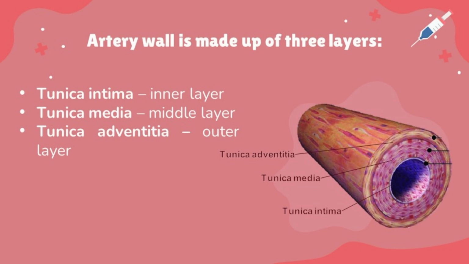So when we say tunica intima, it is the inner layer consisting of an endothelial lining which provides a frictionless pathway for the movement of blood, while the tunica media, the middle layer, is composed of elastic and muscular tissue which regulates the internal diameter of the vessel. And lastly, the tunica adventitia, or the outer layer, provides structural support and shape to the vessel.